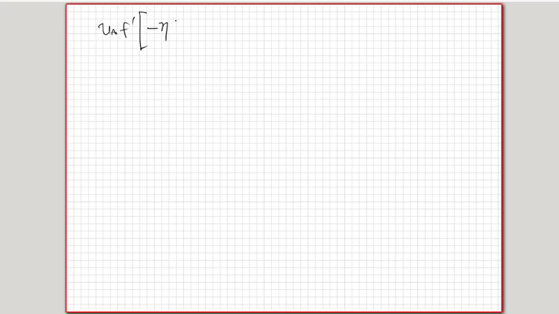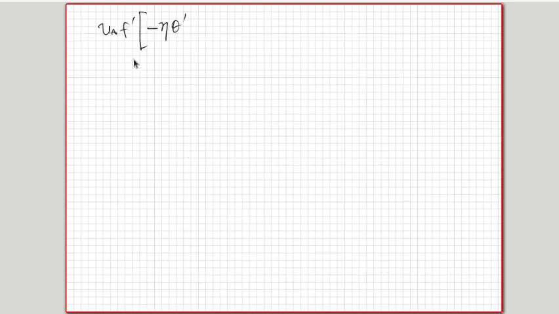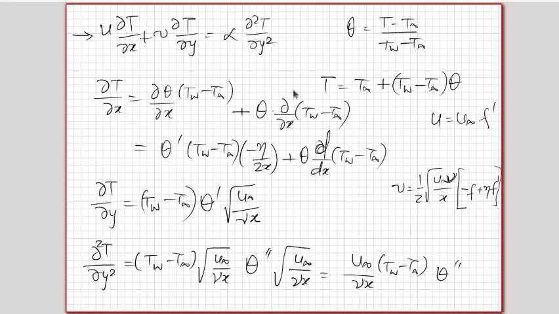Minus eta theta prime multiplied by t1 minus t infinity by 2x. Plus del theta by del x, d by dx of t1 minus t infinity into theta.